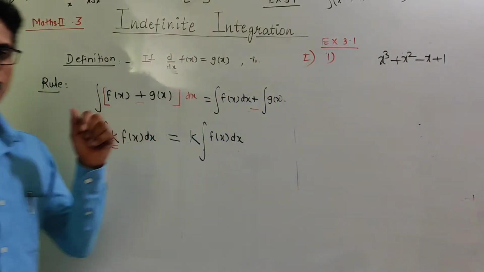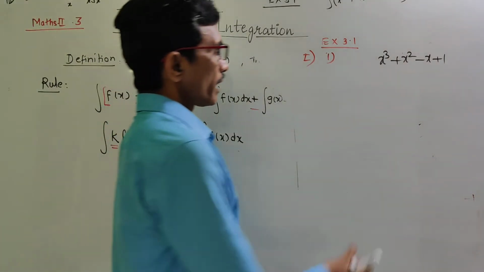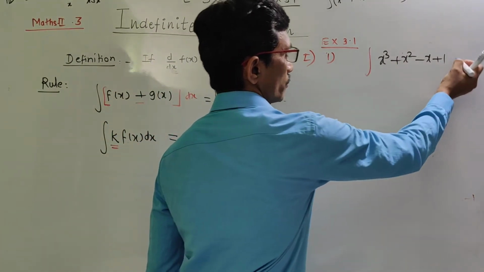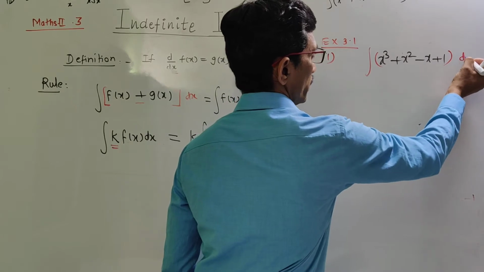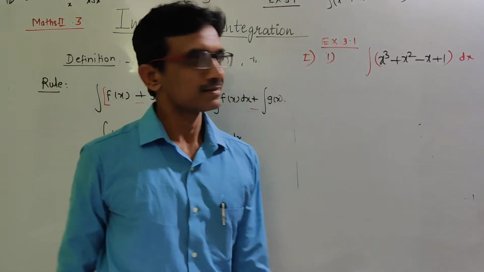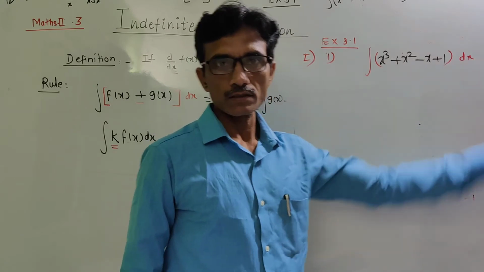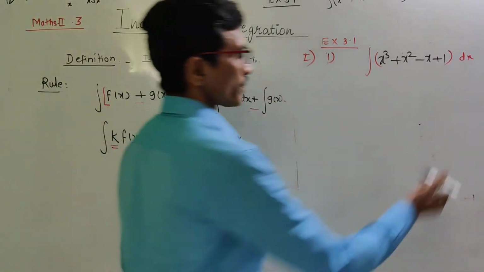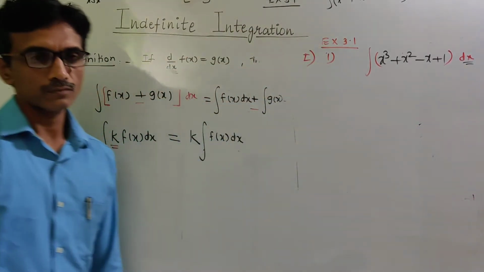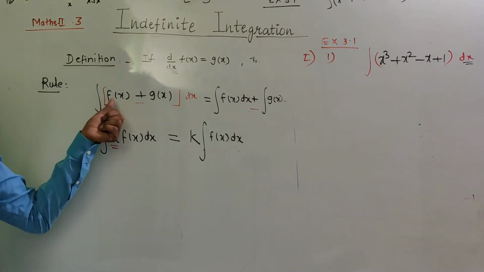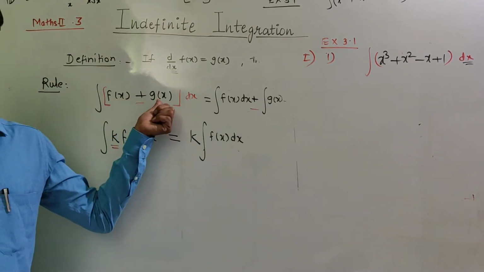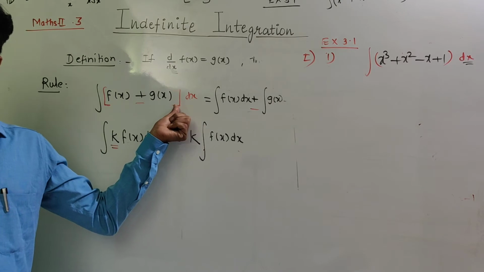We integrate this. So इसका मतलब क्या है, इंटीग्रेशन के साइन में रखना है आपको. So integrate with respect to x, so we put in the integration sign with respect to x. Then as we said here, यहाँ पे sum of two functions है या more than two functions may be there.